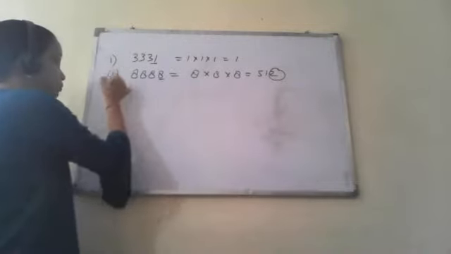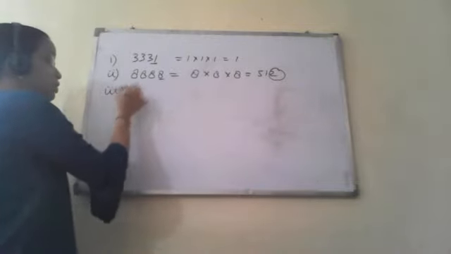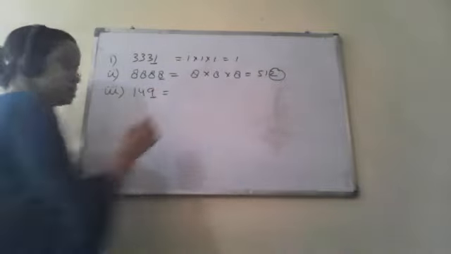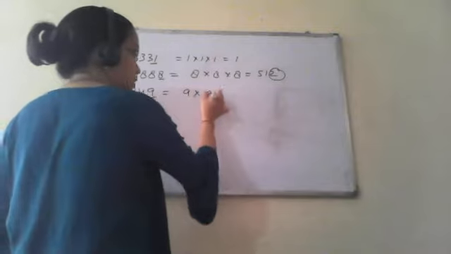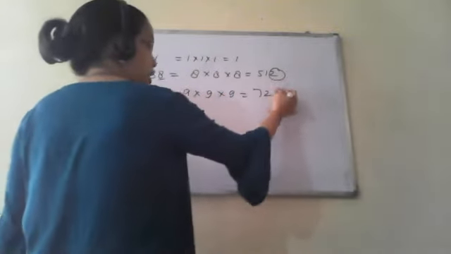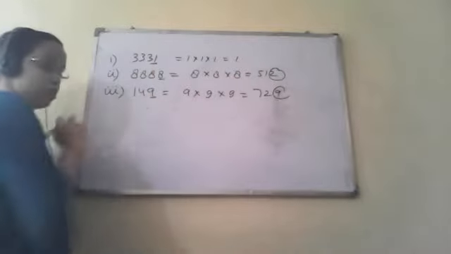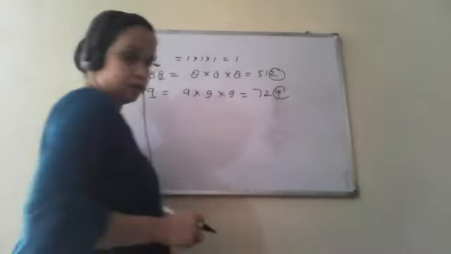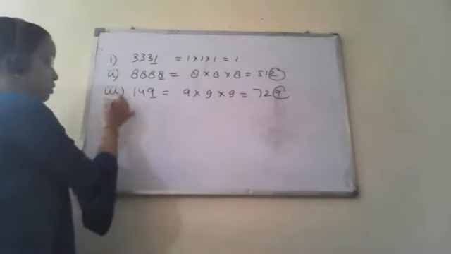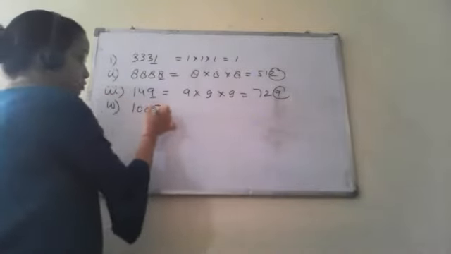Next is 149. We just pick the unit place digit and multiply it thrice. So this will be 729, and the resulting cube of 149 will have 9 at its unit place. Similarly, there are other examples, like 1005.